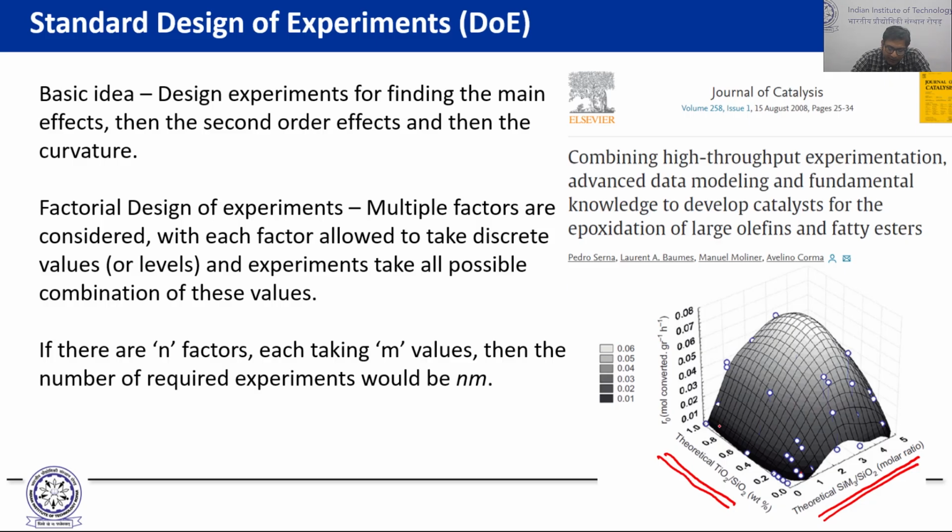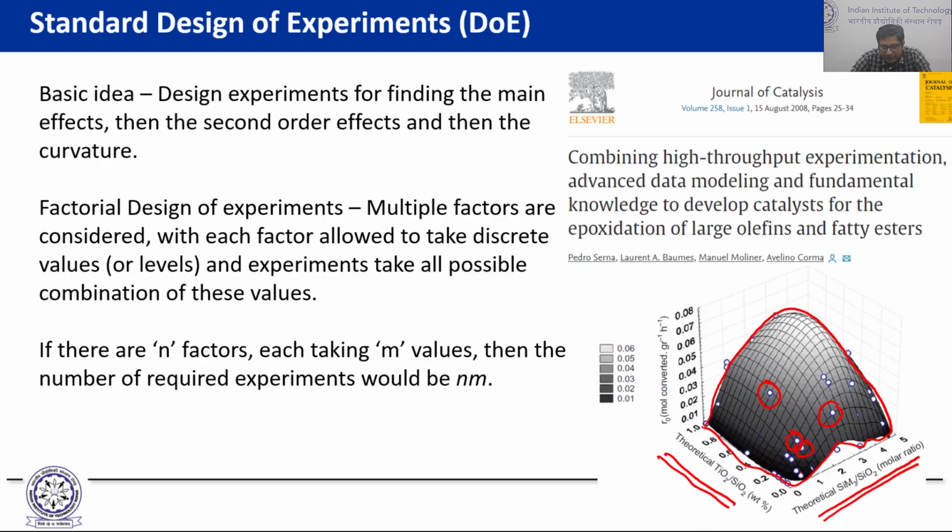Now, by varying these factors, they are able to do the experiments in these regions which are represented by the dots. And after you get the response value of the experiment performed at these dots, you can extrapolate and find a surface that describes the results of the experiments.